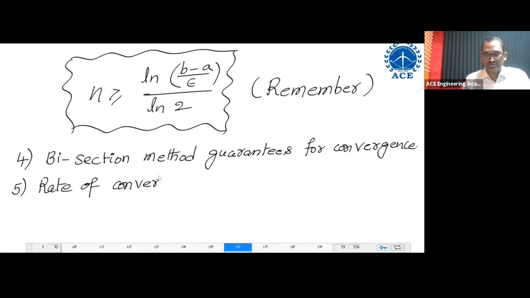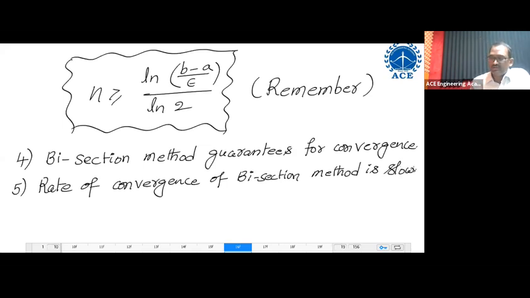That is slow. The rate of convergence of bisection method is slow.